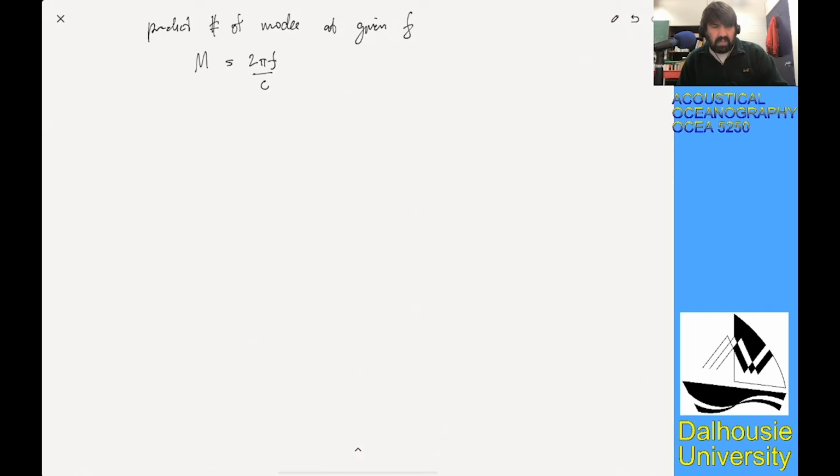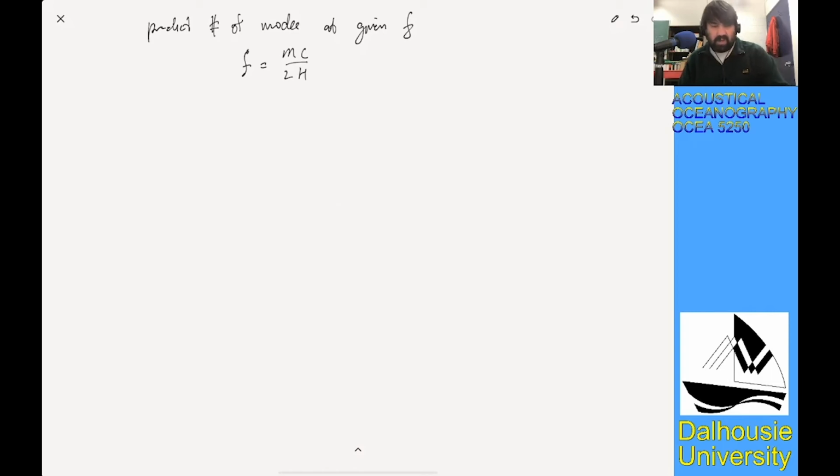So what do those modes look like? Actually, that is not correct. My notes are wrong. Let me go back. So what was our equation that we actually had? Our equation was simply this. f equals mc over, that's right. Okay, mc over 2h.